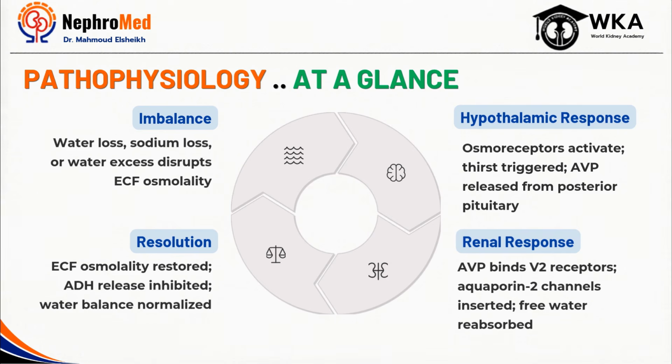Eventually, when osmolality normalizes, ADH secretion should be suppressed, water balance restored, and homeostasis established. So in many ways, hyponatremia is not simply a sodium disorder, it's fundamentally a disorder of water regulation, vasopressin physiology, and renal handling of free water.